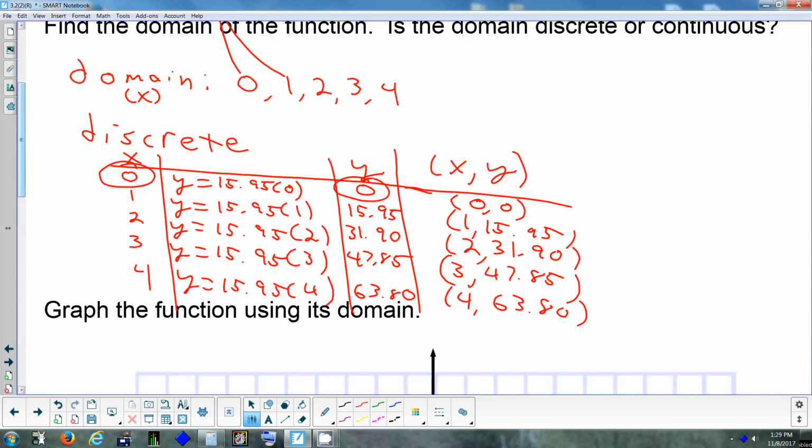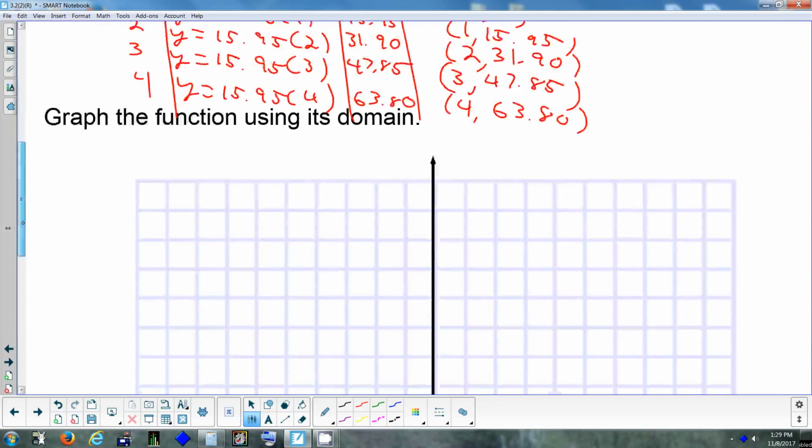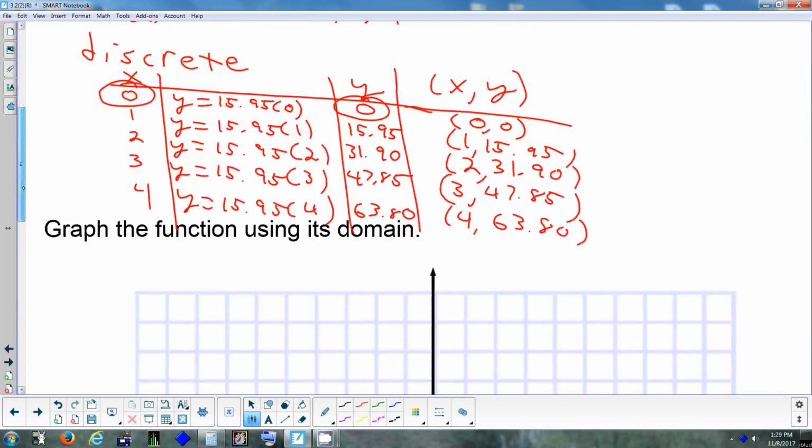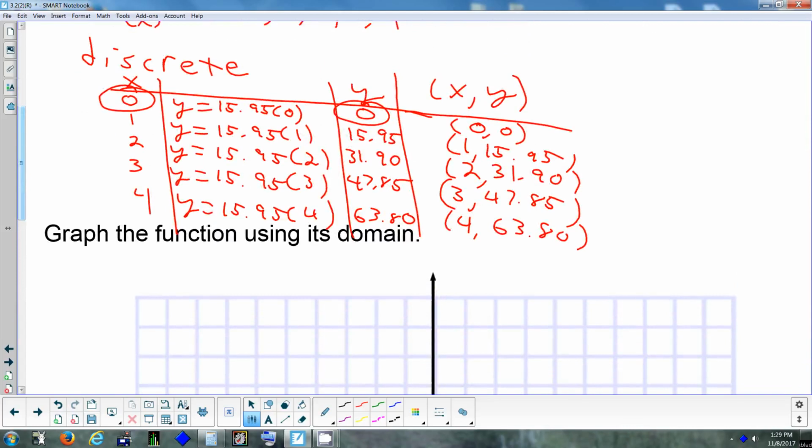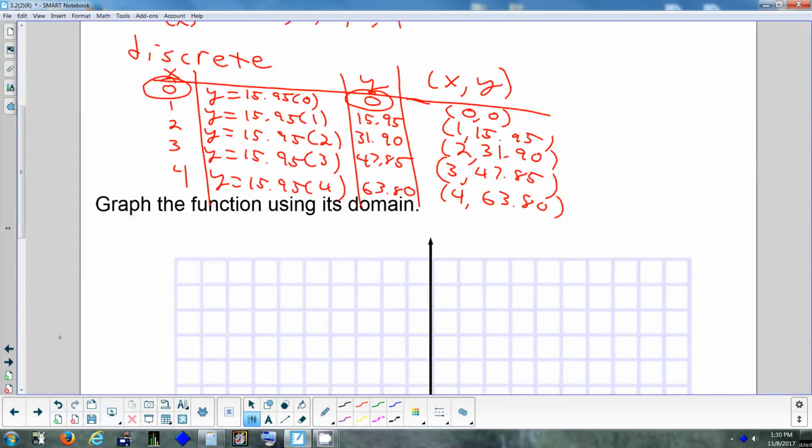Now, those y values are bigger than we normally have, so I'm going to have to scale my graph. What would be good values to go by on my y-axis, so I can fit all those on the grid? There's no definite wrong answer. I just have to fit all those points when I scale.